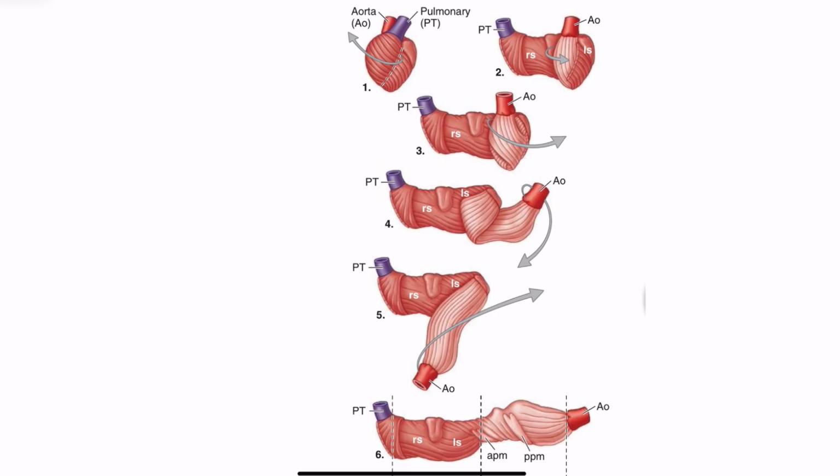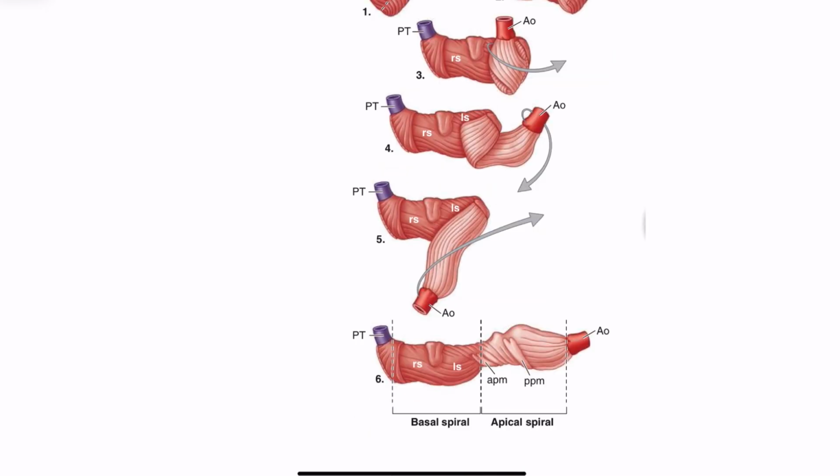And now you will think, why do the heart muscles need to be arranged in this spiral fashion? What is the advantage of this? The advantage of this spiral arrangement is that it will bring out the twisting motion of the heart. There will be a twisting contraction.